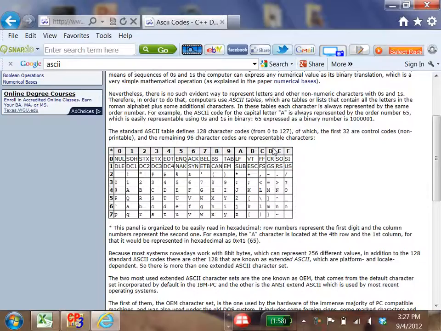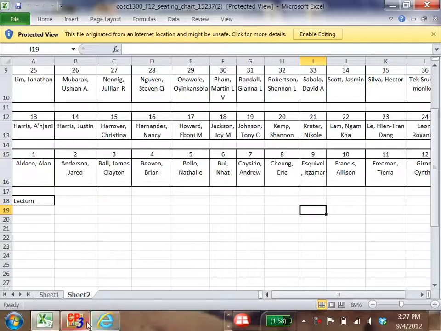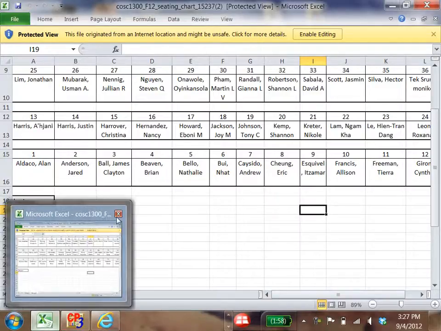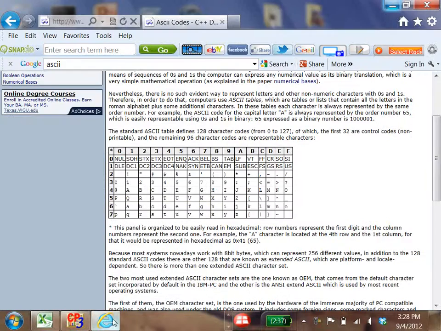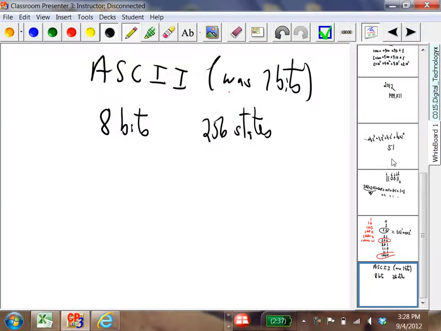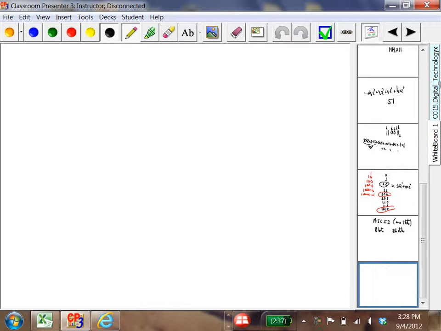I know other people don't necessarily say that's hexadecimal, but computer people do. Hexadecimal is binary shorthand.